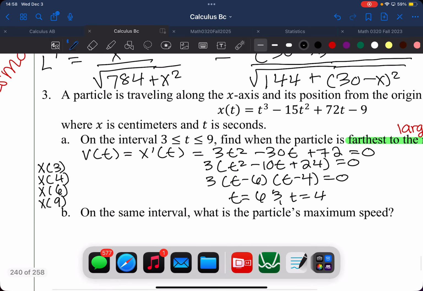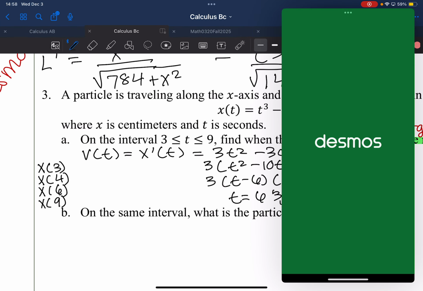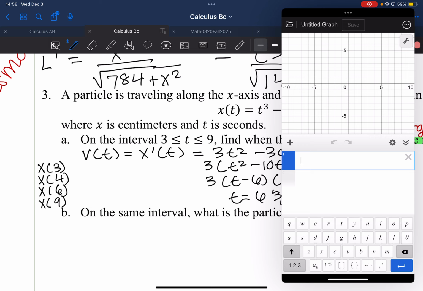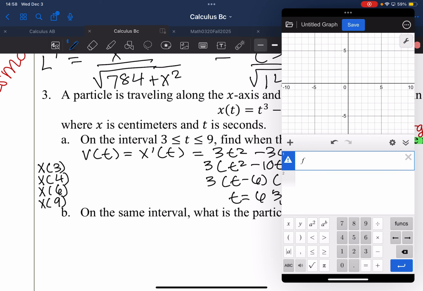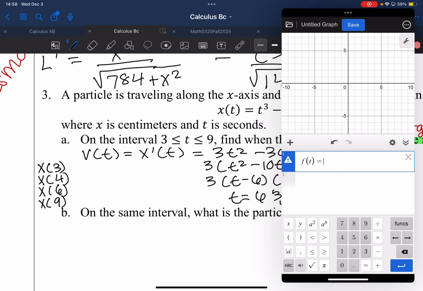Okay? So let's pull that up here. You could just replace t with x. Or you could replace t with x, but then it would be x of x. Yeah, so either way, you're going to have to replace something. So I'm just going to do f of t. So I have f of t is equal to t cubed. You know what?